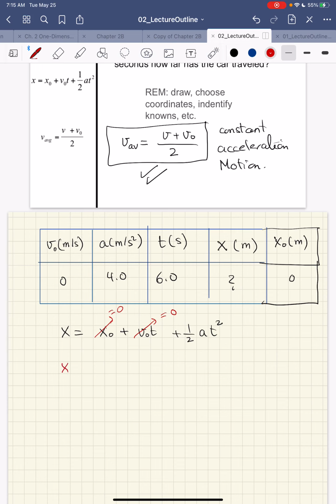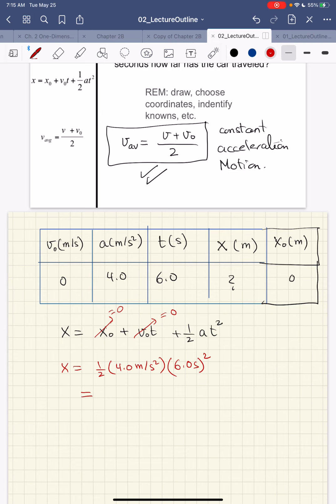Then X equals 1/2 times 4 times 6 squared, and that is a calculation that we need to do.